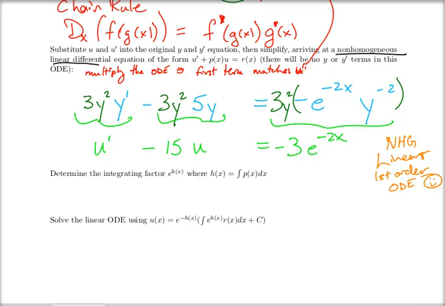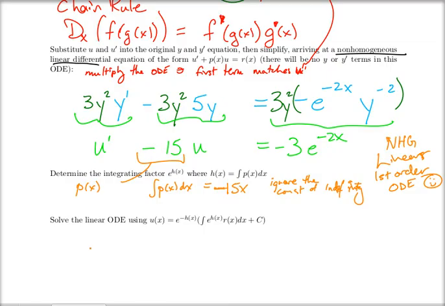Let's take the integrating factor. Here is our p of x, and the integral of p of x dx is going to be minus 15x. We don't have to worry about the constant. Ignore the constant of indefinite integration, because any constant would still make this an integrating factor.